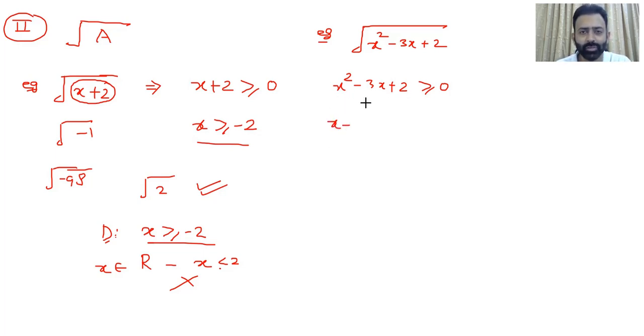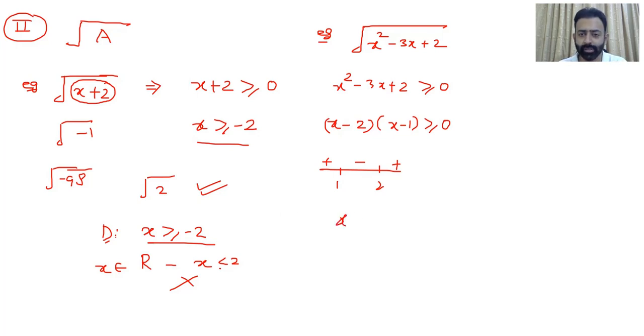For this square root to have some value, we can factorize this. This is now a case of a quadratic inequality, which we have learned in the previous video. This is x minus 2 times x minus 1 greater than or equal to 0. The leading coefficient is positive, the roots are 1 and 2. So on the number line, this is 1, this is 2, with signs plus, minus, plus. So outside the roots is the solution.